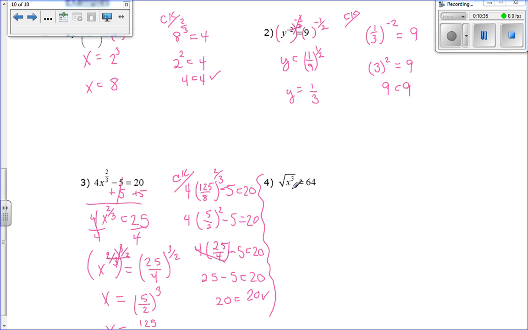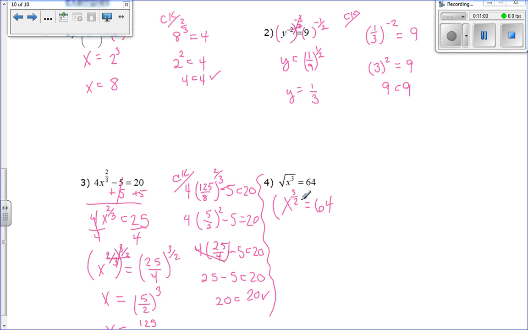Now number 4, x is all alone, but because I have a radical in the equation, I want to change how it looks. I want to make it into a fractional exponent. So what we were doing yesterday was we were rewriting things. x to the number power, which is cubed, over root, which is squared, equals 64.